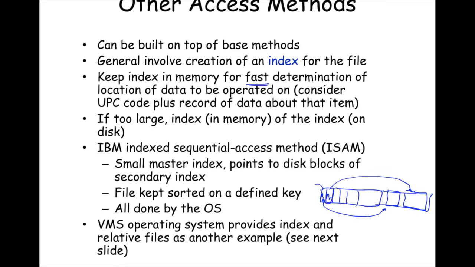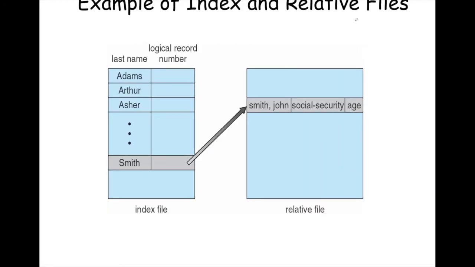Now, of course, if you have a lot of files, this index can grow quite large. And another way to alleviate that is to have a two-level scheme. And this two-level scheme is implemented throughout the ages by a lot of different companies, IBM, all sorts of purveyors of compute systems. And so this is an example of an index and relative file.